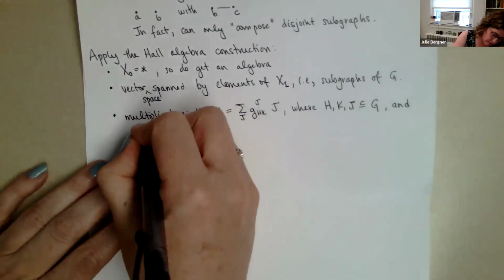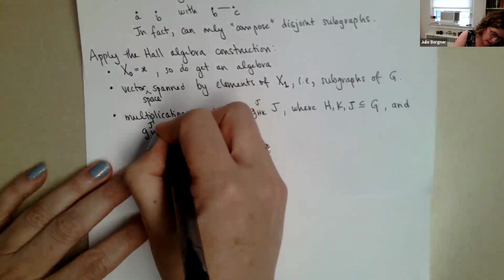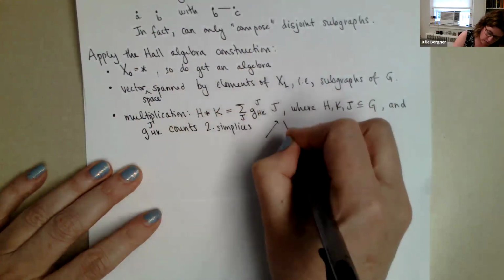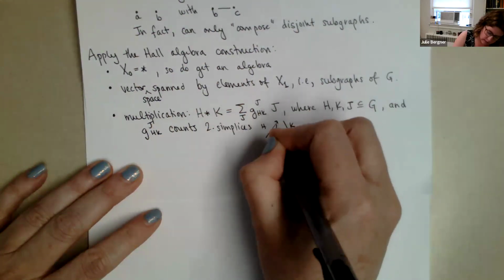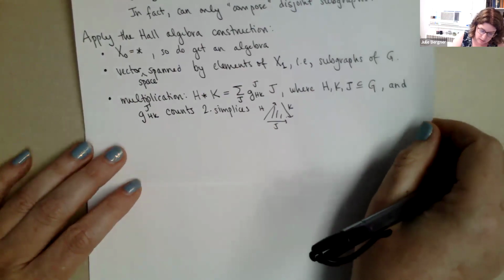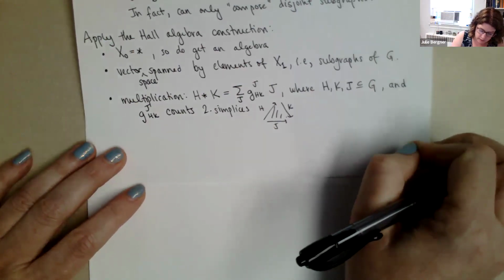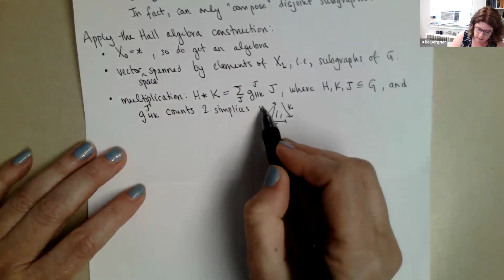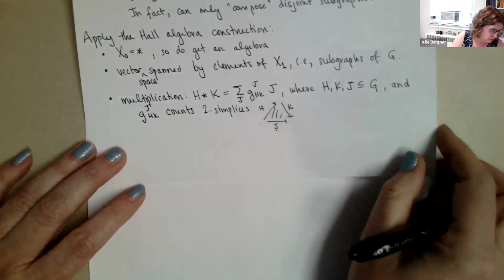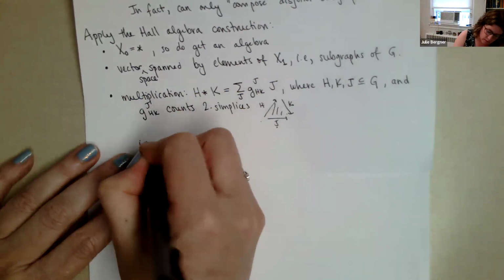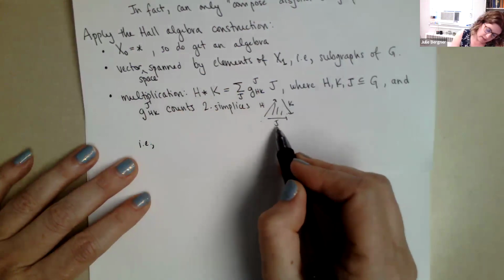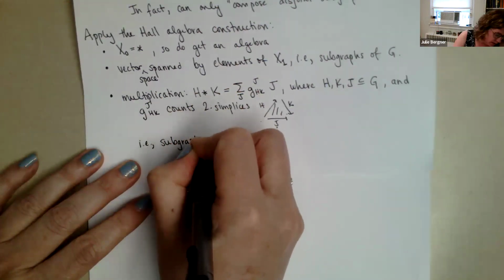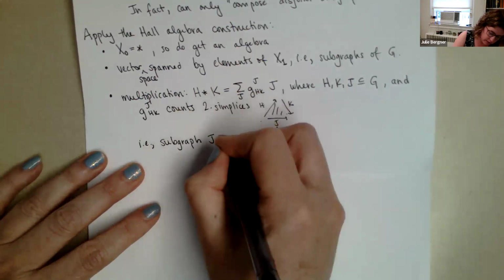And we know that, by definition, g_{HK}^J counts two-simplices that look like this, where d0 is K, d1 is J, and d2 is H. If we think about the face maps we've been using before, J is d1, which is where we recover the subgraph without the partition.